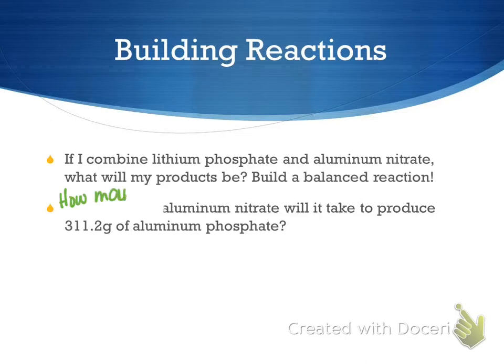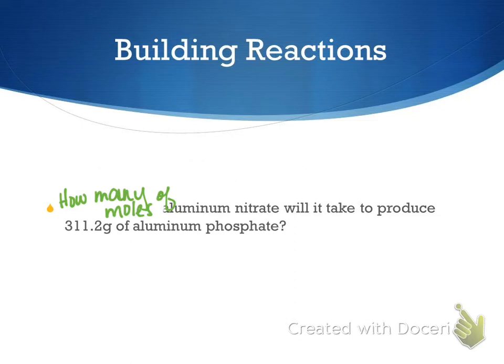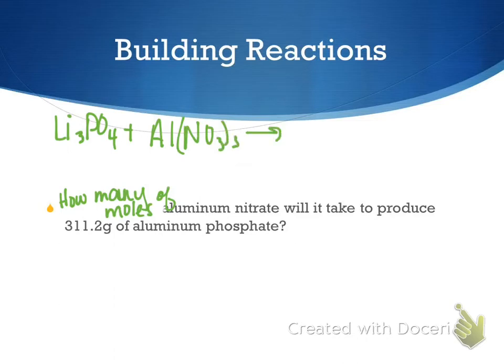How many moles of aluminum nitrate will it take to produce 311.2 grams of aluminum phosphate? Okay, so there's our balanced reaction.